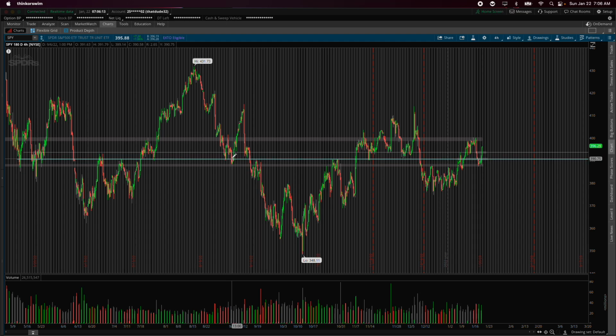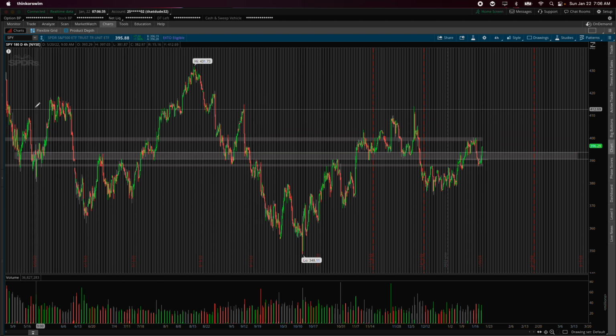Every time we get into it, you could essentially, if you wanted to be crazy and swing trade for a month, have this whole thing drawn out and say, okay, if I see price coming into this, I'm going to enter the trade.